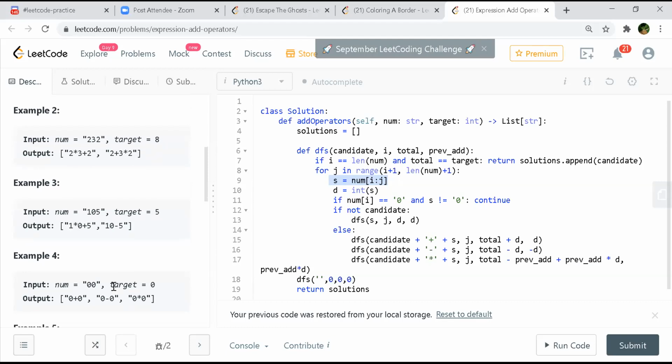This line 18 is the one where you actually call the DFS function. Okay, sorry, my bad. You are starting from there. On this line number 11, if num of i is equal to 0 and s is not equal to 0, he's trying to find that invalid case, 0 5. If you do 1 plus 0 5, that is an invalid one, right?